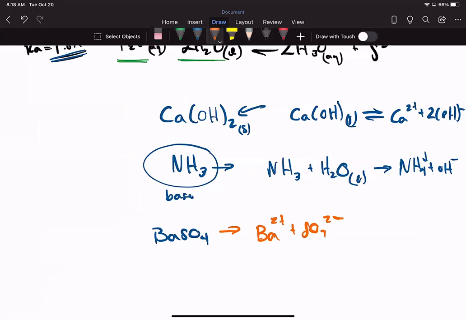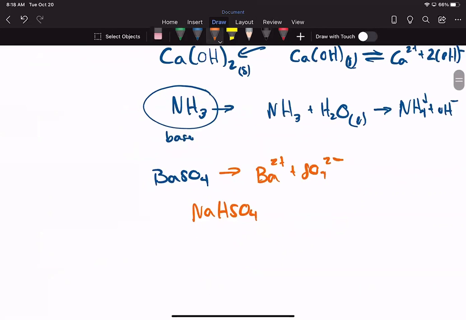If I say I'm going to put this in a solution of sodium, do you recognize what that would be?